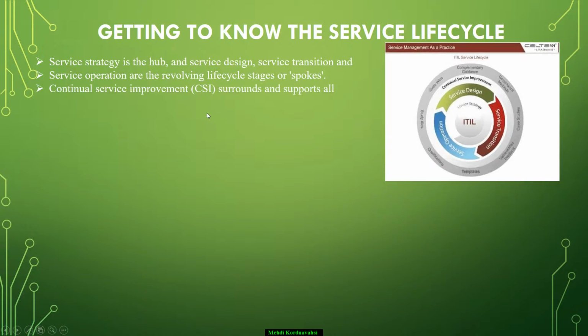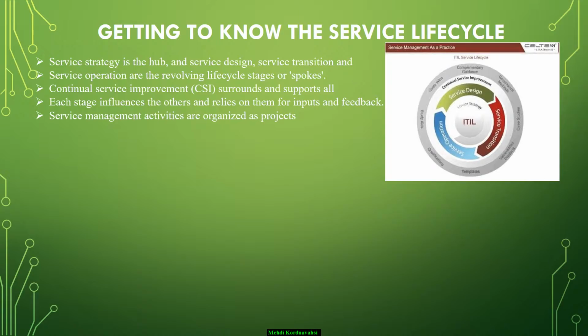Like the rim of a wheel, continual service improvement, or CSI, surrounds and supports all the life cycle stages. Each stage influences the others and relies on them for inputs and feedback.